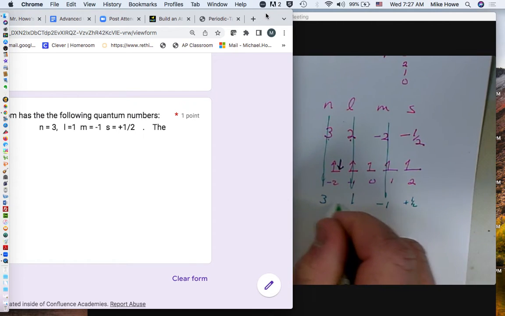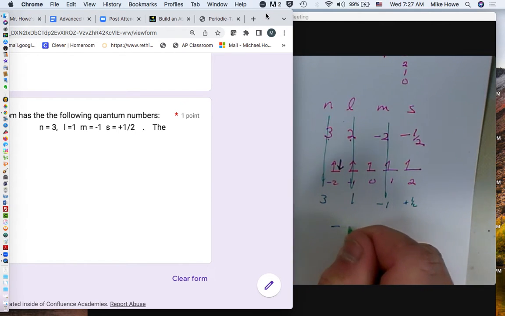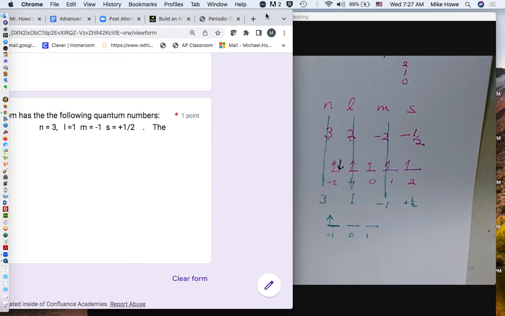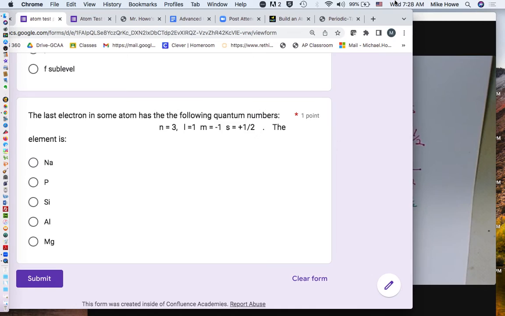So this is 3p, because L equals 1 is a P sublevel. So here are your 3 orbitals. -1 is this one. +1/2 is the first electron in. So there's 1 electron in the 3p sublevel.